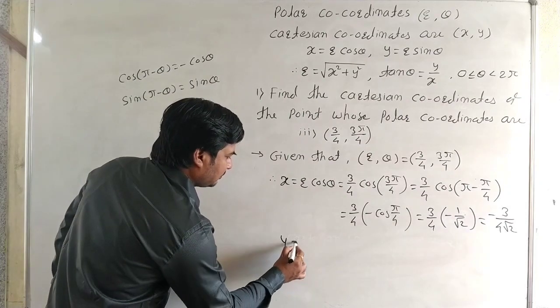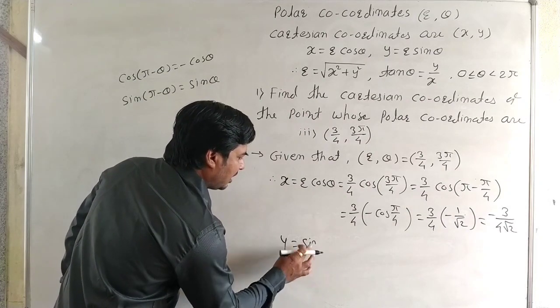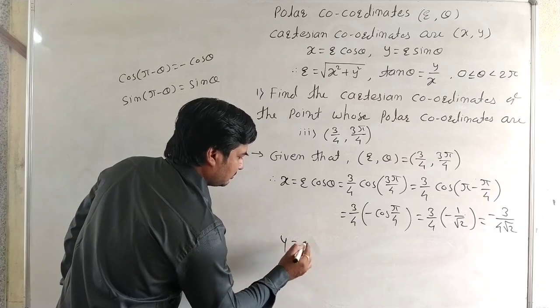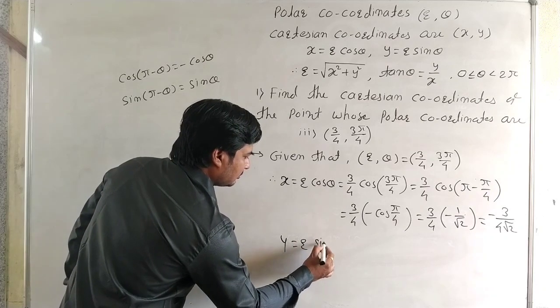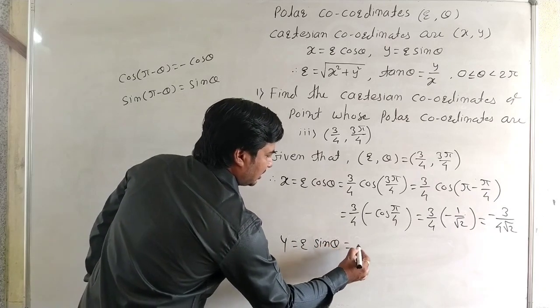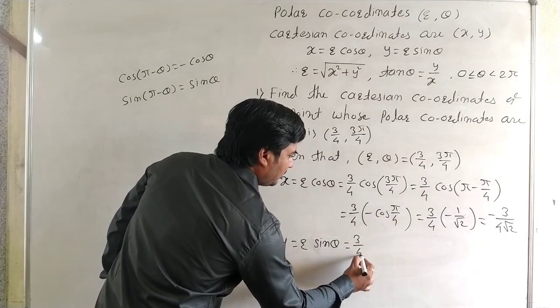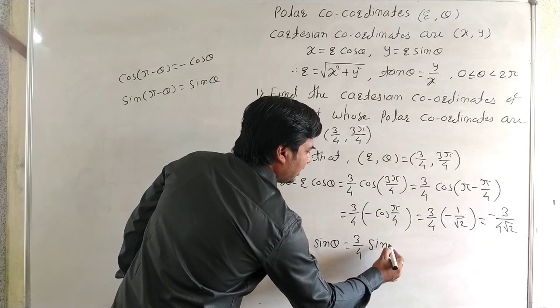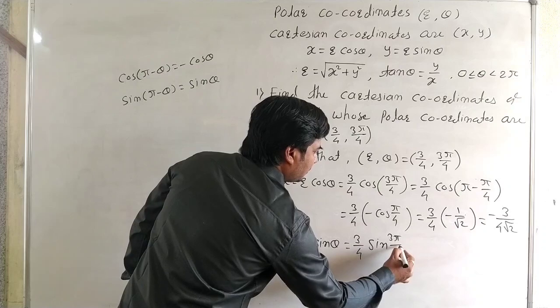Now y. Y is r sin theta. Therefore r is 3 by 4 and sin theta is sin 3 pi by 4.